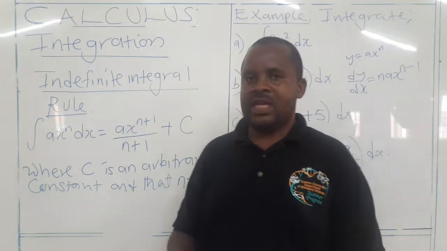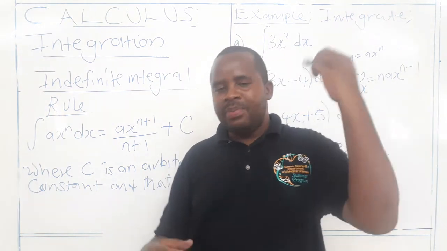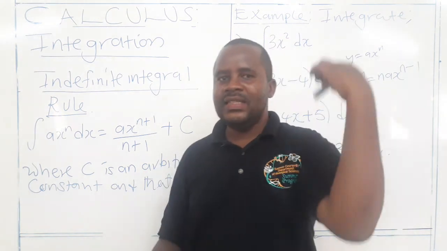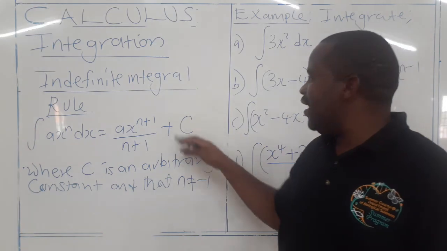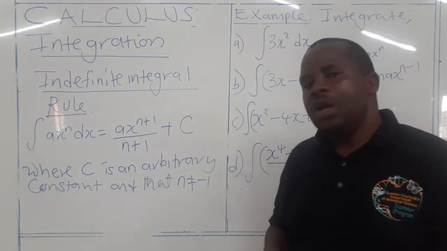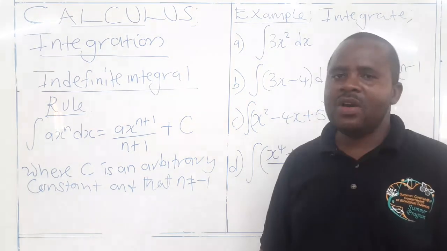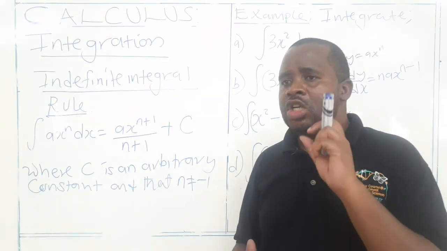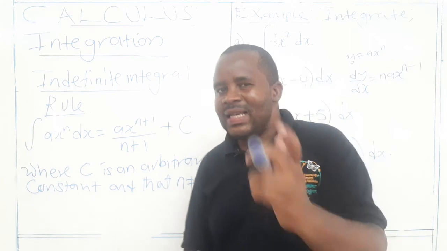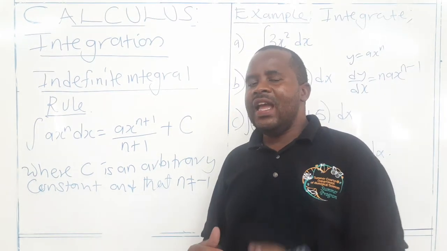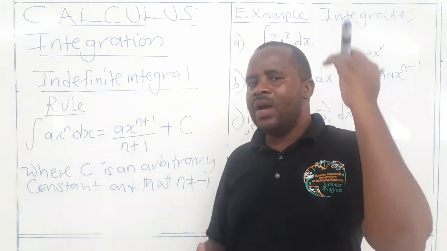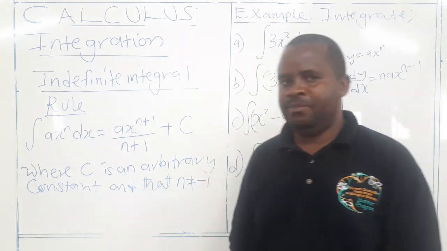And because of that, when you are done with the process of integrating, you always insert a capital C, which is called an arbitrary constant, because you may not be in a position to tell the kind of constant that was there as they were differentiating.